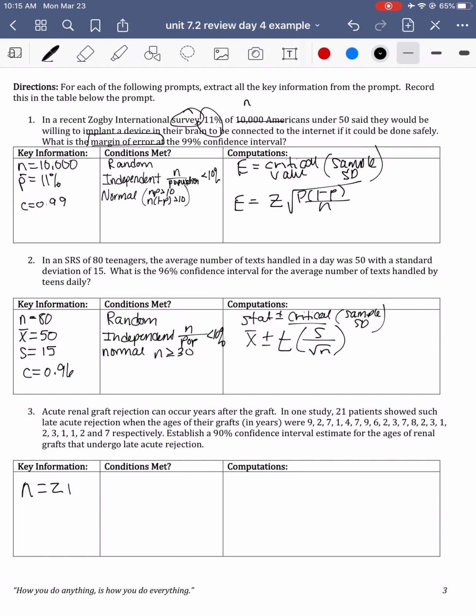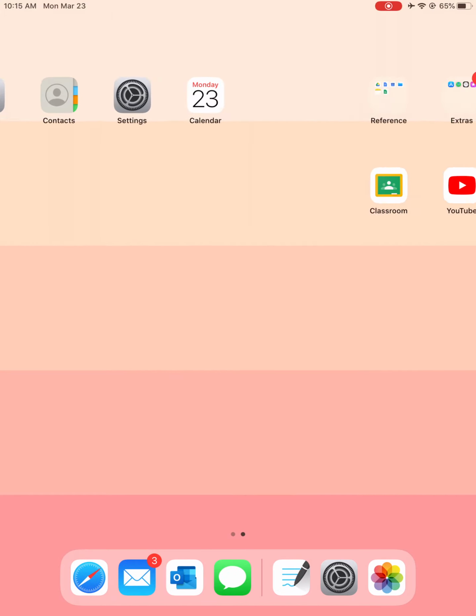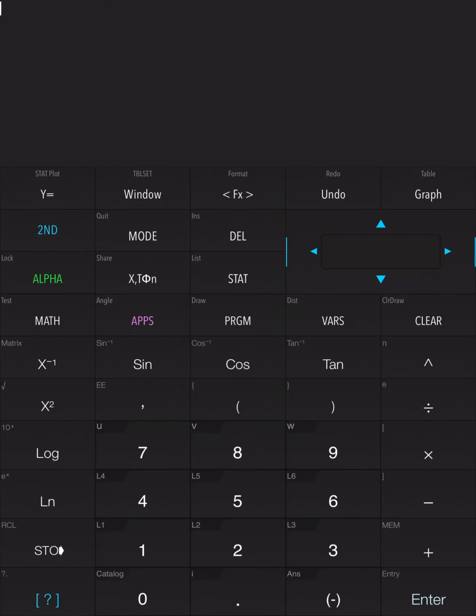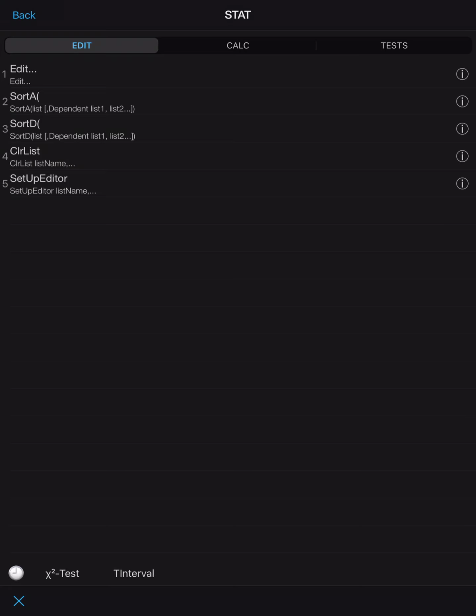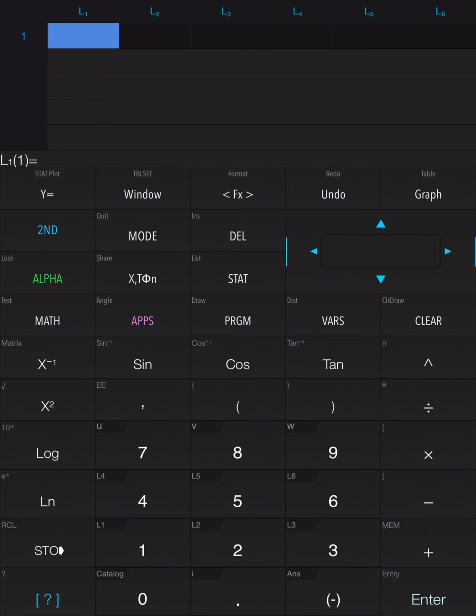Well, to actually find it, we would need our calculator. So let's go ahead and go to that now. We would go to Stat, Edit, and then in List 1, we would enter all of those values.